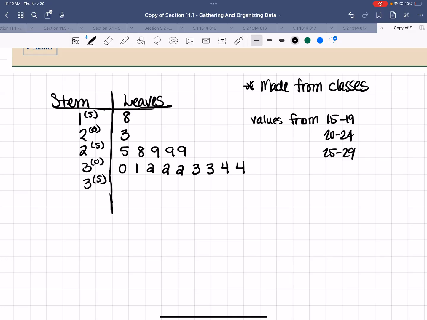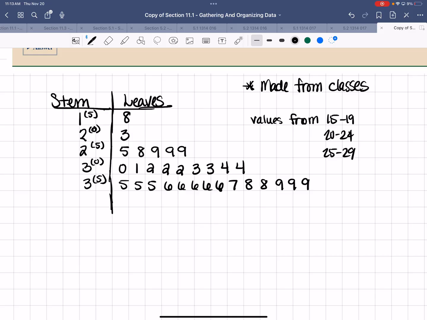There are 3 35s. There are 1, 2, 3, 4, 5 36s. There's 1 37, 2 38s, and 3 39s. So what they avoided by busting the 30s pretty much up is writing, how many did I say I had?